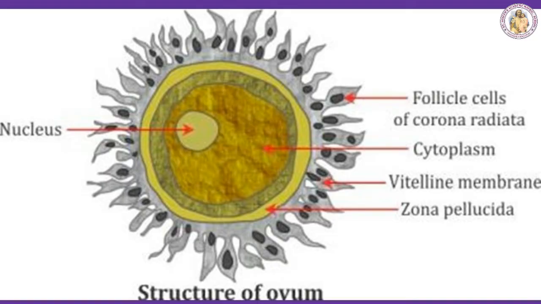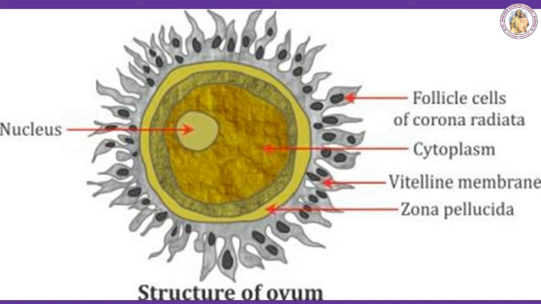Structure of human ovum. The matured ovum or egg is spherical in shape. The ovum is almost free of yolk. It contains cytoplasm as well as a nucleus. You can see in the picture, children. It is surrounded by 3 membranes. The plasma membrane is surrounded by the inner thin zona pellucida and the outer thick corona radiata, and the corona radiata is formed of follicle cells.